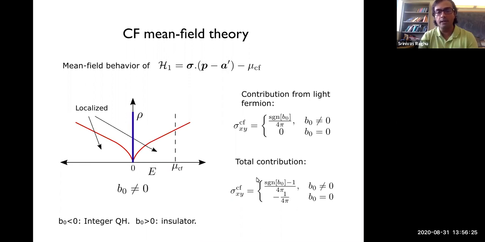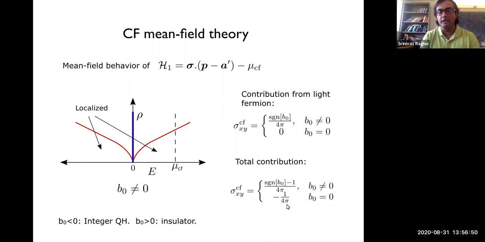And at the critical point, the light mode doesn't contribute to the Hall conductance. It has a sort of time reversal symmetry. And all the Hall conductance is obtained from the massive partner, which is -1/2. So we see that the integer quantum Hall to insulator transition is captured in the composite fermion representation as a dual integer quantum Hall to insulator transition.